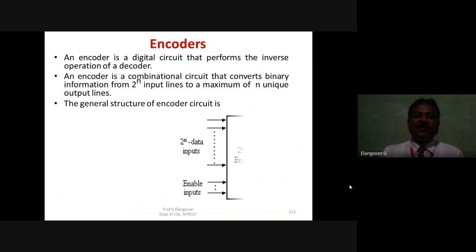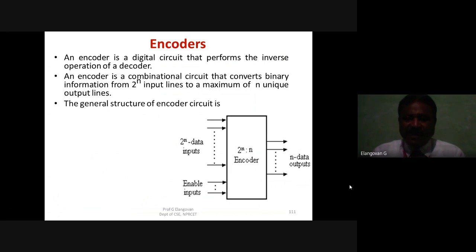So the general structure of an encoder will look like this. There will be 2 power n inputs and it will generate n possible outputs. To activate the outputs, we have enable inputs. If the enable input is active, then only the given input combination will be accepted and the output generated as a valid one, else the outputs are invalid.